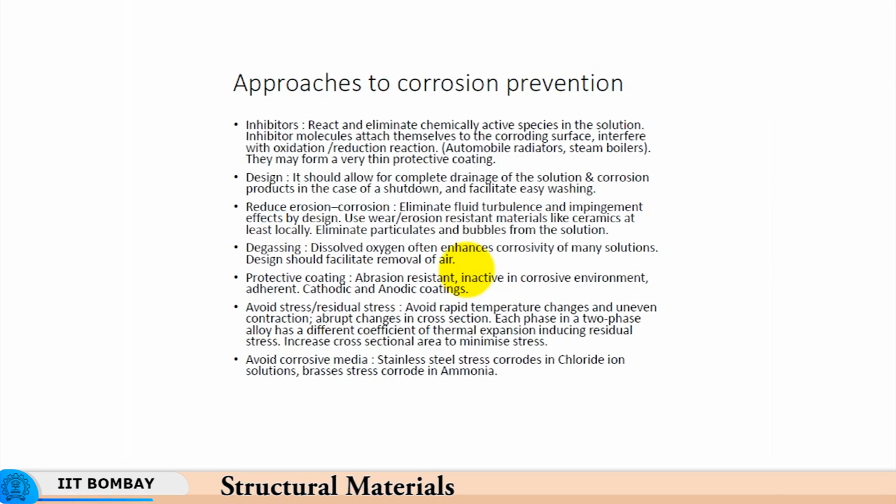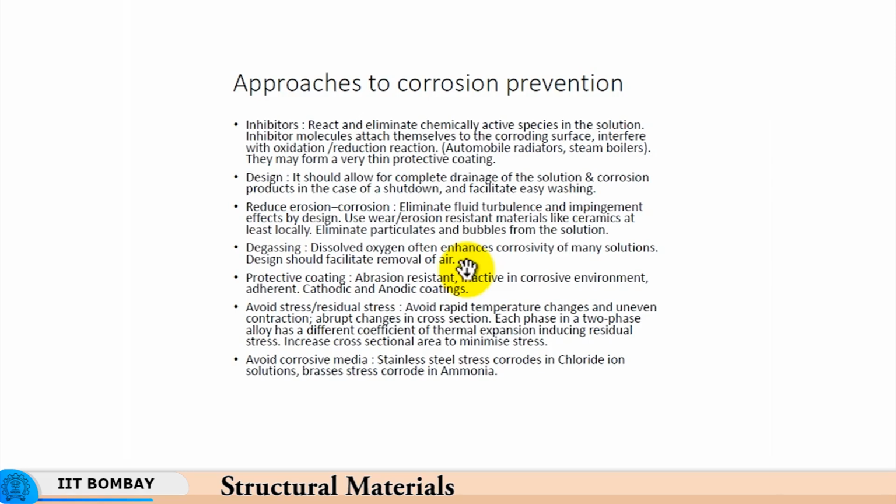So we cannot really ensure that there will not be residual stress present in the material. So there will always be several such factors which result in part of the product becoming anodic and part of the product being cathodic, in spite of being made from the same material.